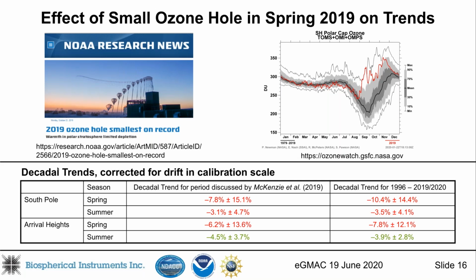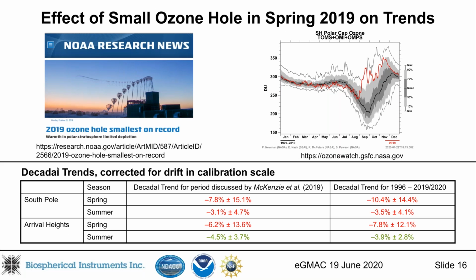As a matter of fact, the last year considered for South Pole data was 2018, and for Arrival Heights was 2017. And as you all know, the ozone hole of 2019 was one of the smallest on record. There was a press release by NOAA on the left side, and on the right side, there's a plot of measurements of polar cap ozone by NASA in 2019 in red compared to the range of previous years.